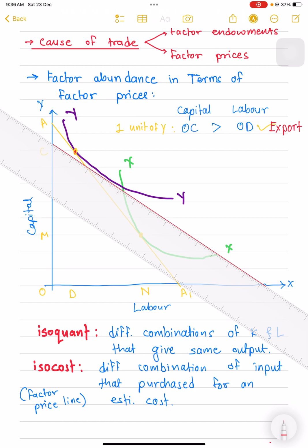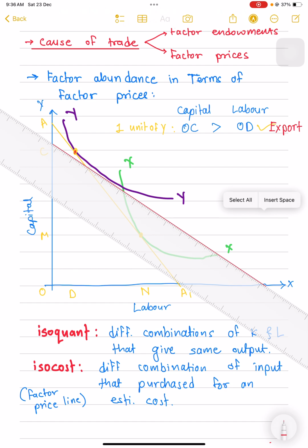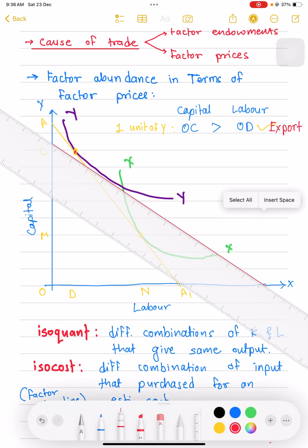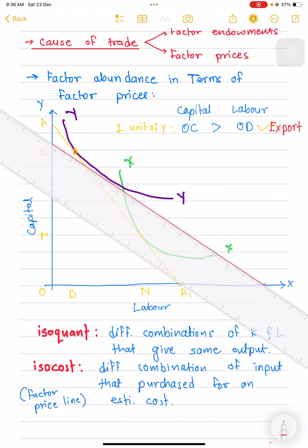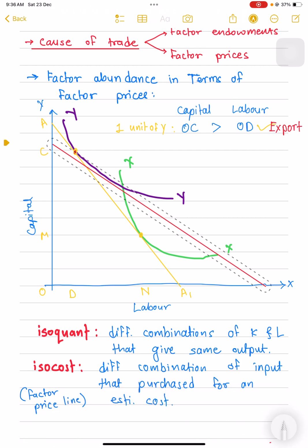Okay, this is the flatter factor price line, and at point G, let's say here, let's move this a little bit upward.